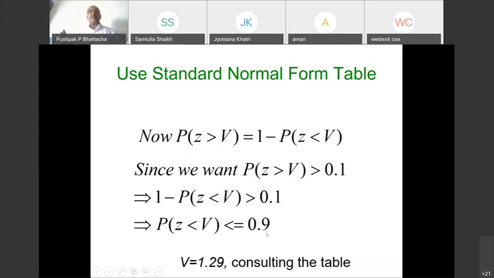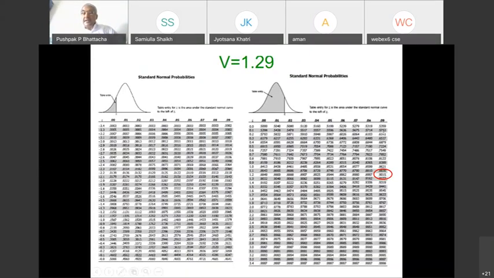Now the z score value should be such that the probability is less than or equal to 0.9. Consulting the z score table, I find that that value is 1.29. So if z value is 1.29, then the probability from minus infinity to 1.29 is 0.9. So that is what I want. Okay.